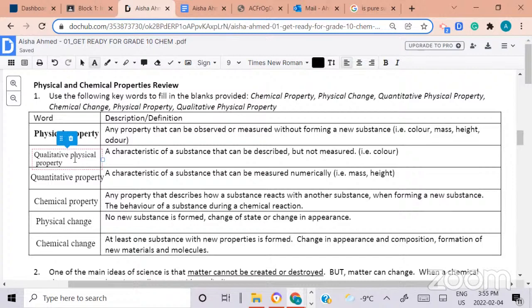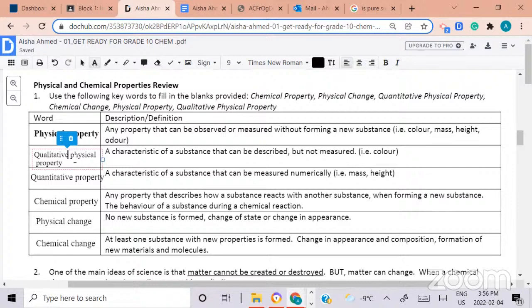I guess odor would also be a qualitative physical property, because there's not any kind of ruler or any number you can really put to it, right? So that's also quality. It smells bad, or you kind of just describe odors. Okay, now quantitative. Quantity, number. So that's how you remember that one. Mass, height, anything you can measure is quantitative.